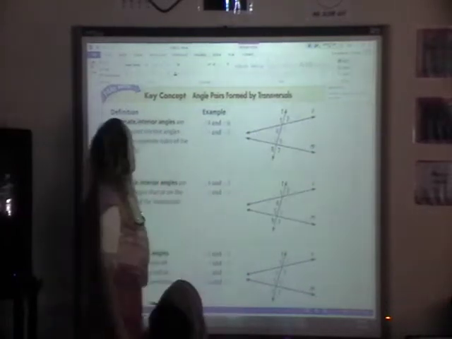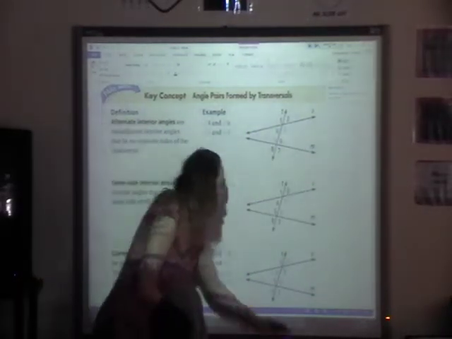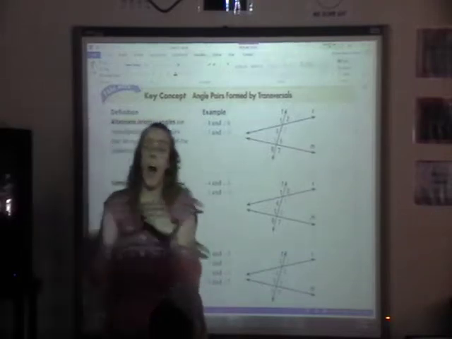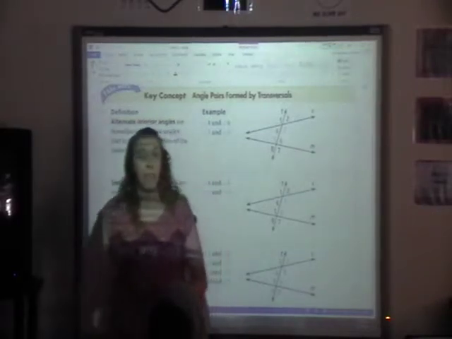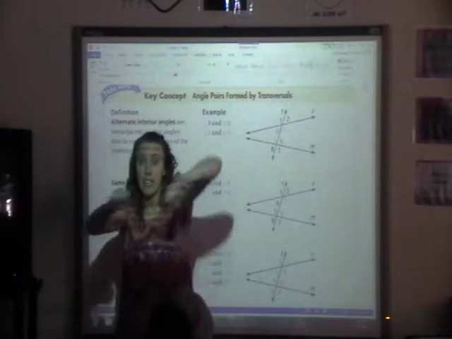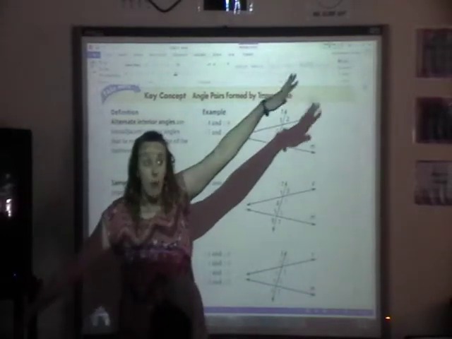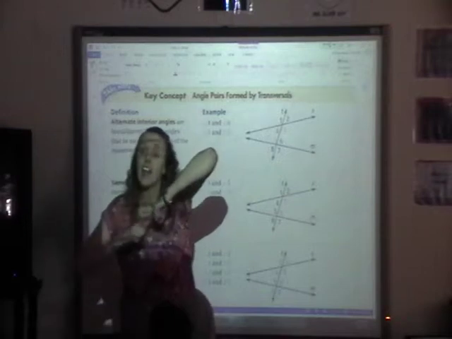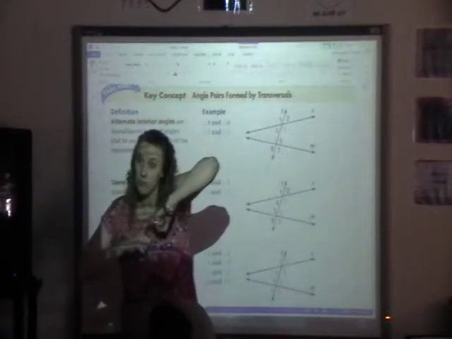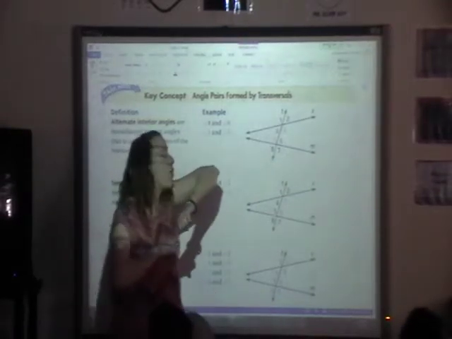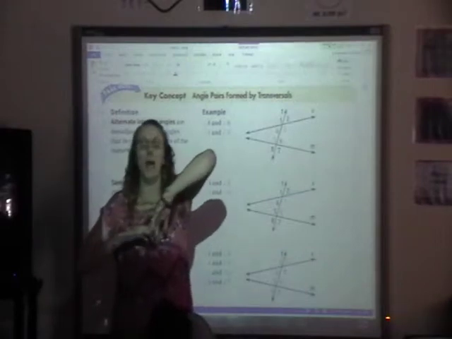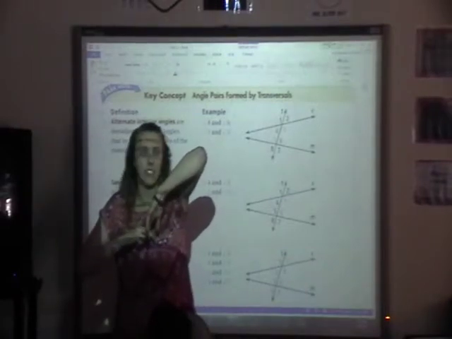Alternate interior angles. Alternate means that we are opposite. The best way I can explain it is they're inside, like a broken arm living on the inside, and they are opposites of each other. So it says that 4 and 6 are alternate interior angles.